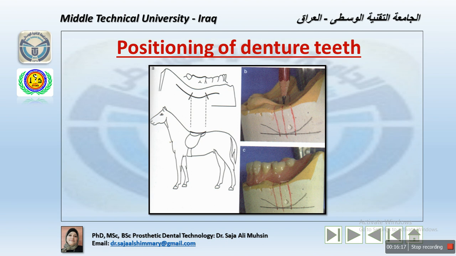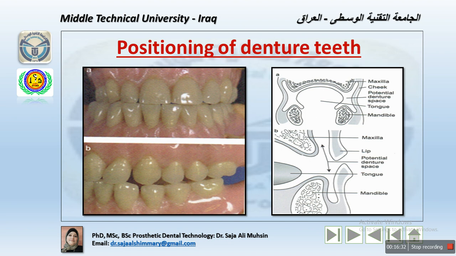With this technique, we get stability of the lower denture by creating harmonized non-antagonistic contacts between the mandibular and the maxillary teeth during lateral and protrusive excursion as well. Now, this also ensures that the denture teeth are held within the natural neutral zone, which is called the potential denture space.